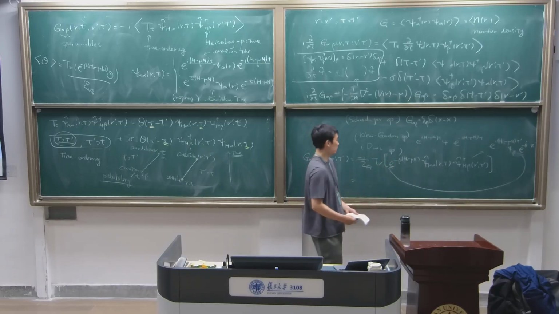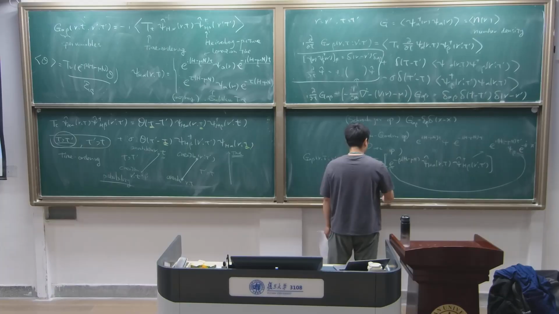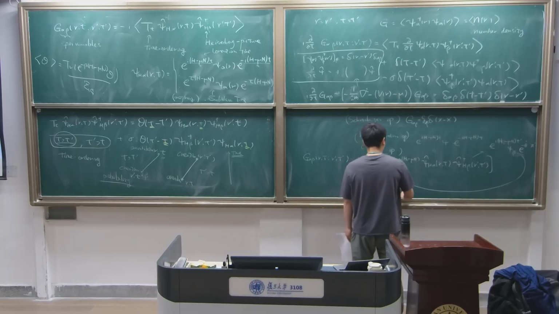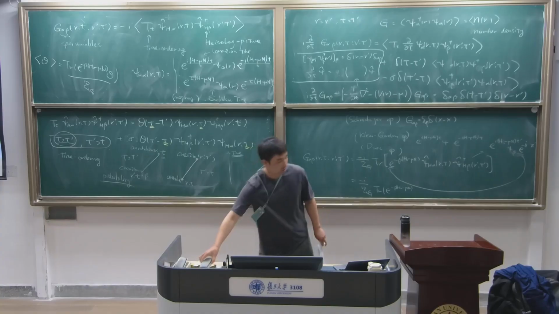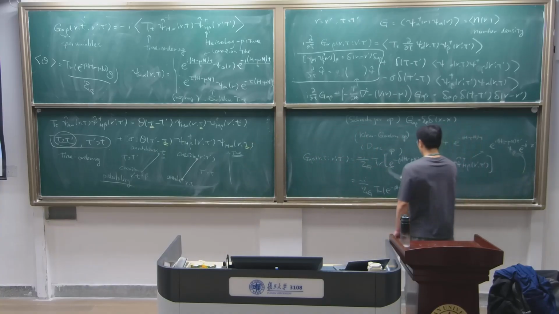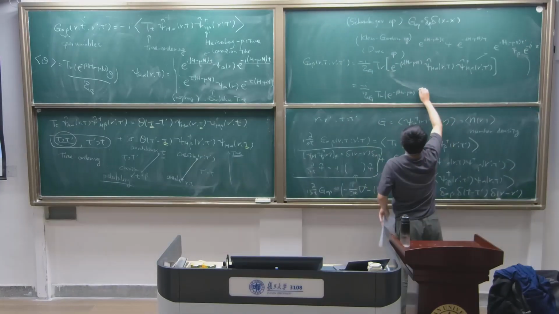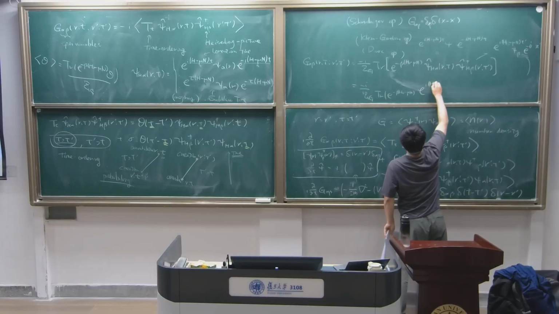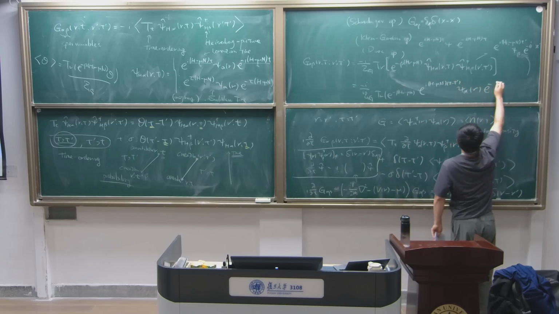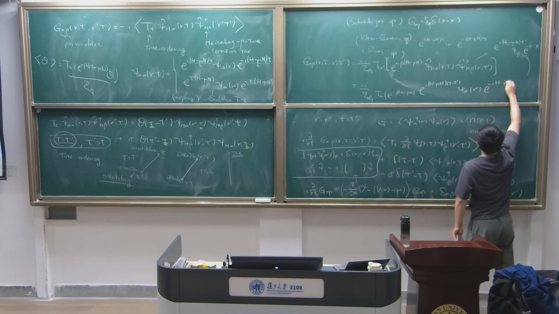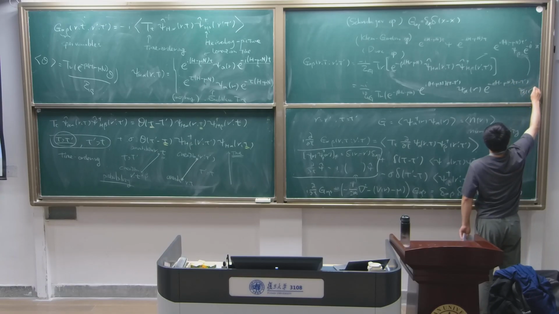And if you massage it, you can get minus i over the trace of e to the minus beta, and so on.